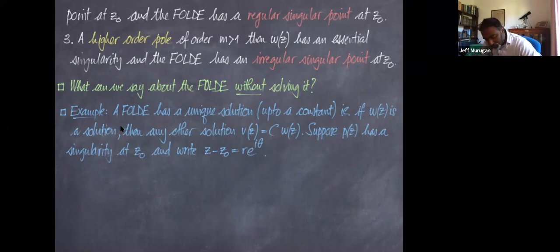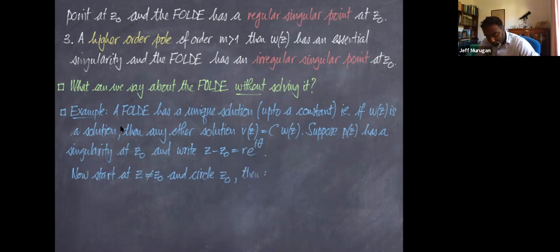So now suppose we start at some Z that's not the same as Z naught, and circle Z naught. What are the consequences of this?